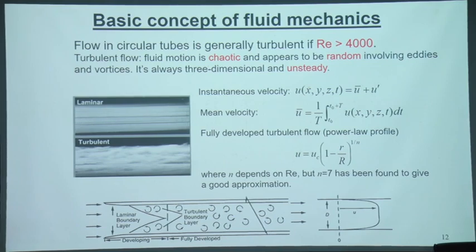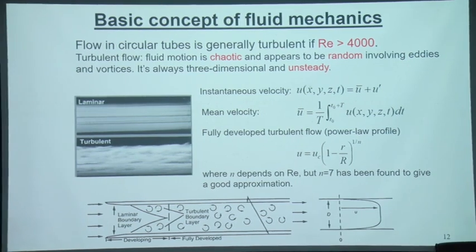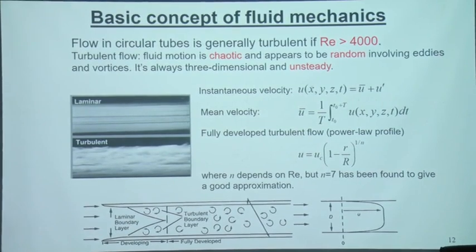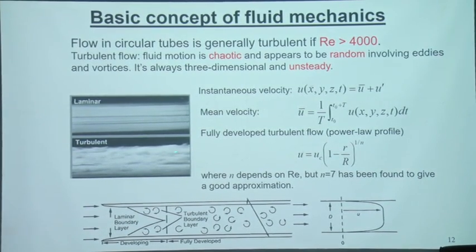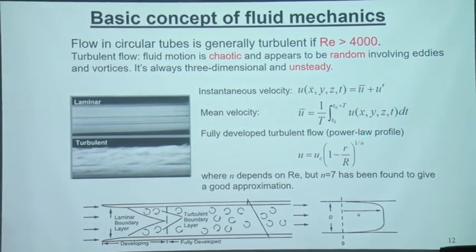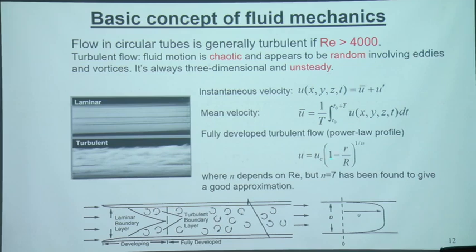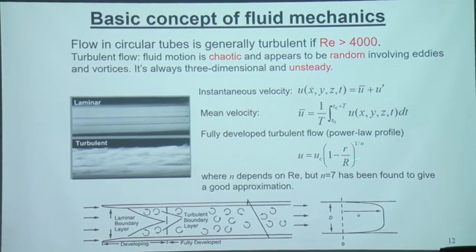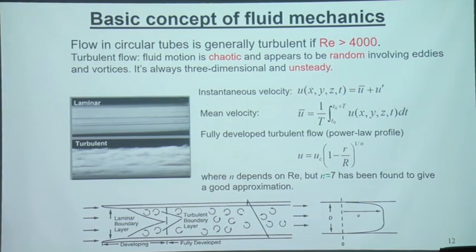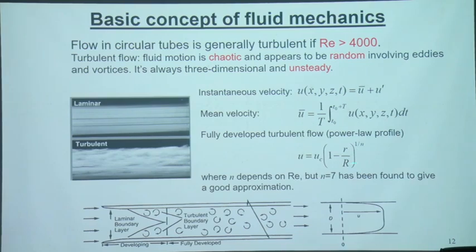Now, if a turbulent flow becomes fully developed, and again, if the flow is in a circular straight tube, then the fully developed turbulent velocity profile can also be described by a power law profile. The exponent in the power law has been defined in the literature, and n equals 7 could be a good approximation.